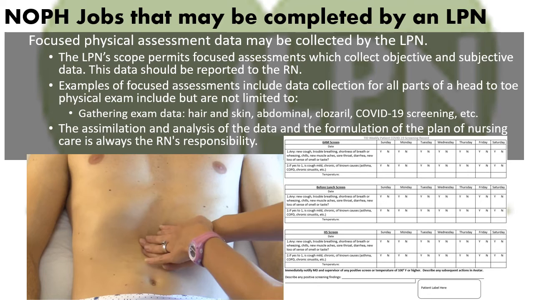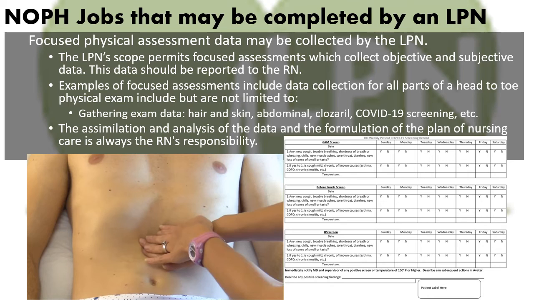So examples of focused assessment include data collection for all parts of a head-to-toe physical exam, and these include but are not limited to hair and skin exams, abdominal exams, so where we're inspecting the abdomen. Then we're going to listen in the 4 quadrants, or auscultate, and then we're going to palpate the abdomen in those quadrants to check for any sort of tenderness or masses. And we're going to then measure the patient's abdominal girth.